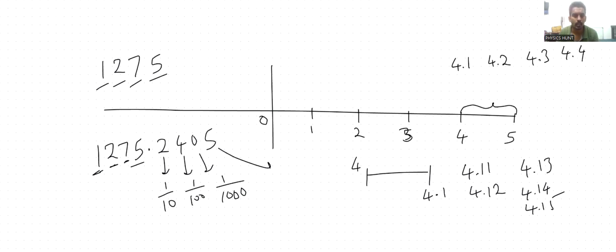So like that, when you divide a number with base numbers, what is the meaning of base numbers? 10, 100, 1,000, 10,000, and so on.